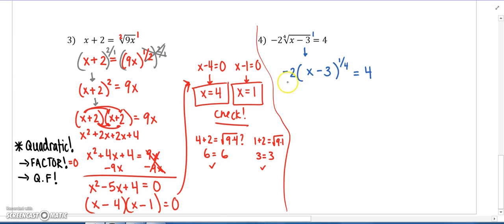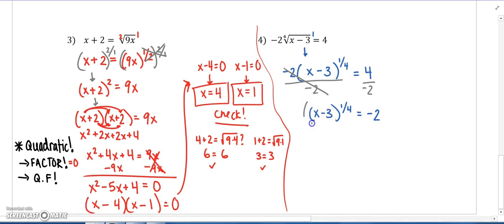Now we go through and solve, so remember, get rid of addition or subtraction first, but we don't have any of that except in the parentheses, and that's last. So I can move on to the multiplication. I'm left with x minus 3 to the 1/4 equals negative 2.